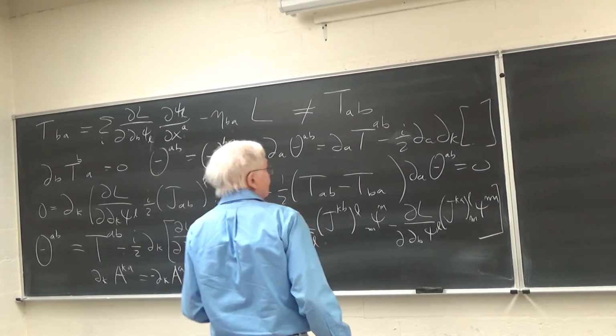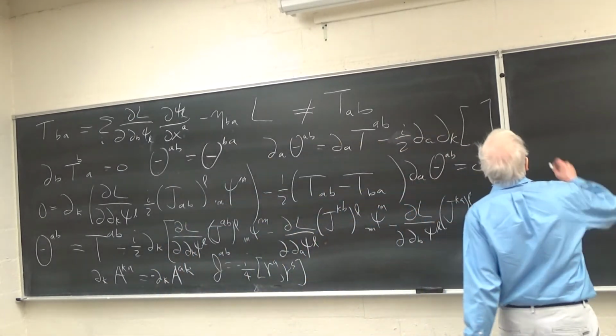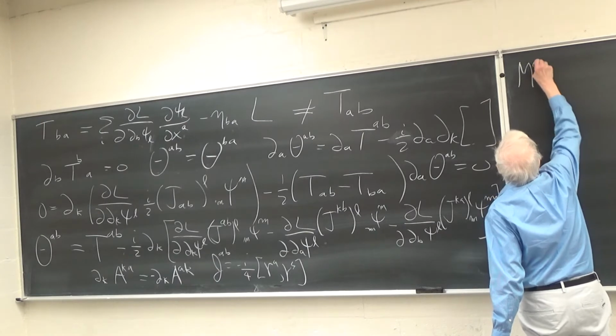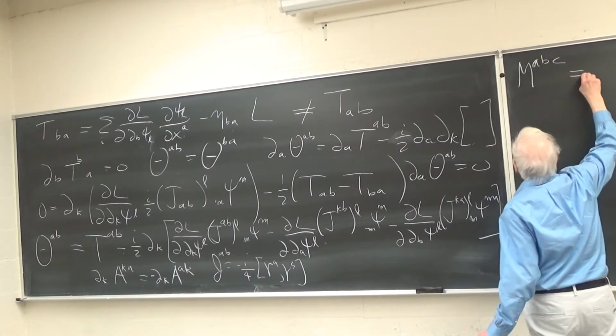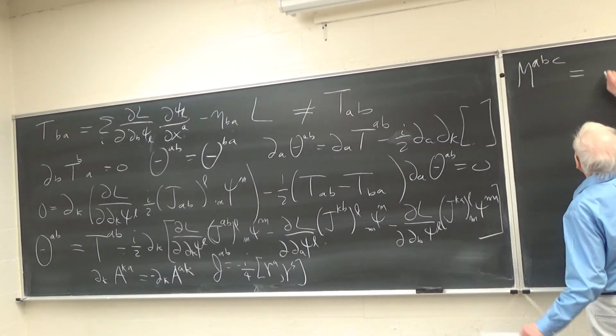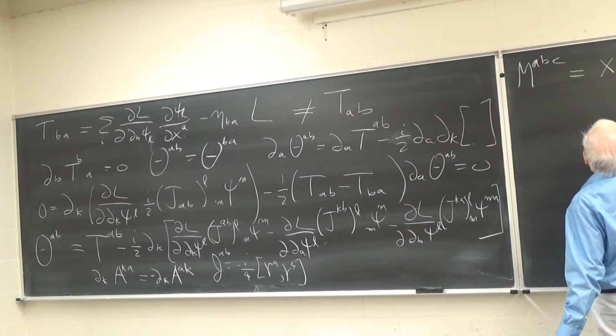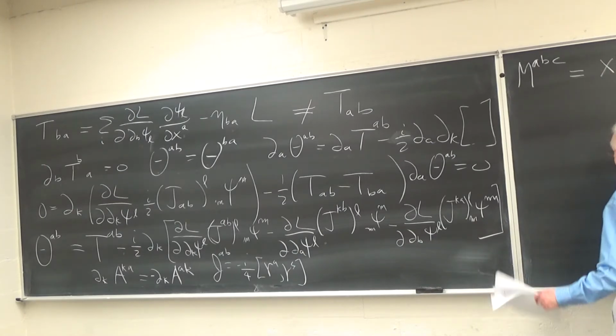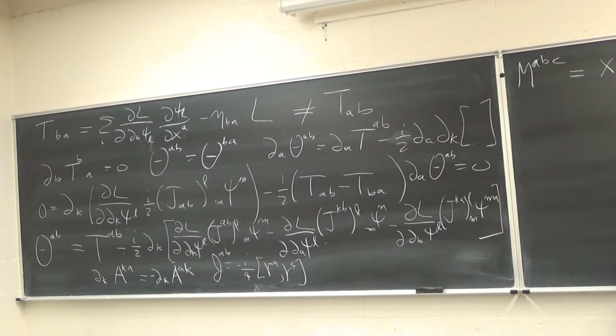Okay, now we can define something called M_ABC, which is x_B theta_BC minus x_C theta_AB.